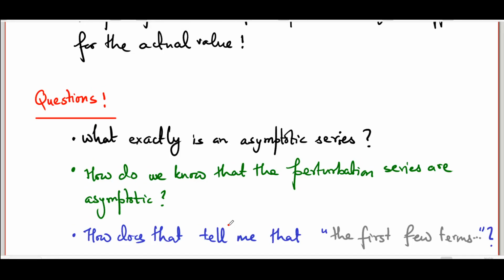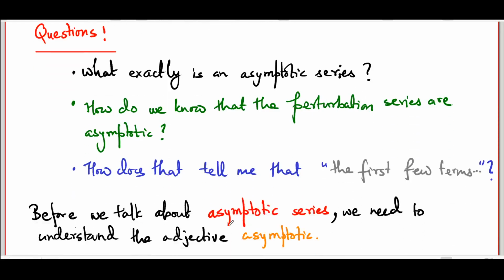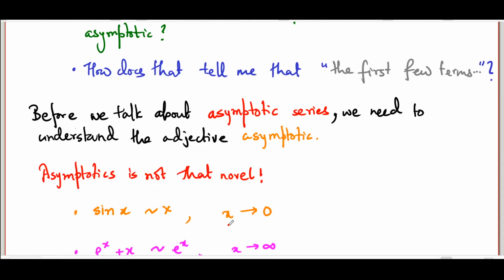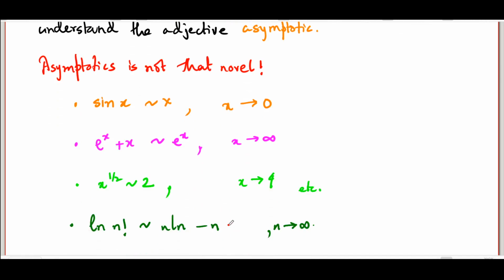First, let us talk about asymptotic series. Before we talk about that though, we need to understand the adjective asymptotic. What does it exactly mean in mathematics? Now, before we go to the precise definition, let me just assure you that asymptotics is not that novel a concept.